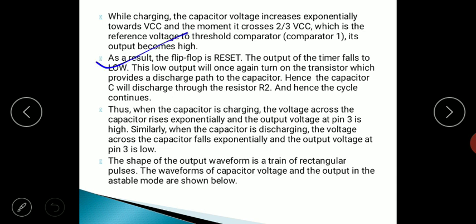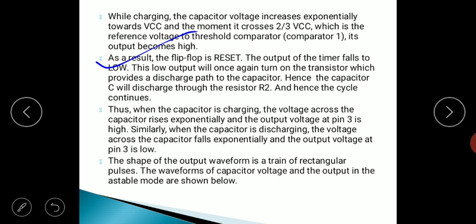The flip-flop is reset and the output of the timer falls low. This low output will once again turn on the transistor which provides a discharge path to the capacitor, and the capacitor will again go on discharging through the resistor R2 and the cycle continues.